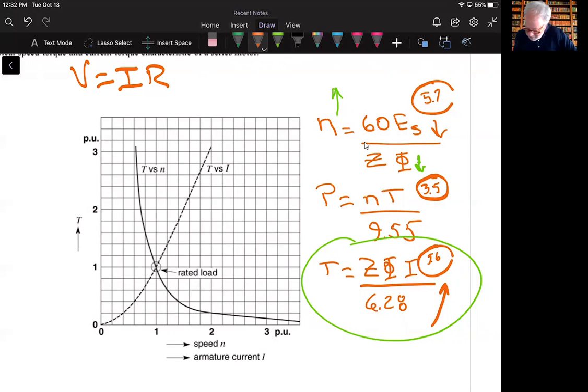And then again, this is what I would want you to recognize immediately: this is representing a series motor configuration. We can tell that by the shapes of the curves, and we can see that very large starting torque here.